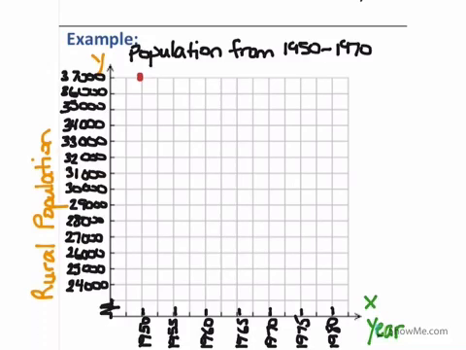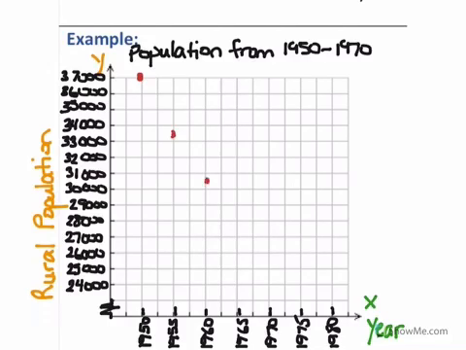So 1955 was 33,500 might be somewhere there. And then 1960 was 30,000. Oh, I'm sorry, I am not along the right line. 1955, there we go, 33,500. 1960 was at 30,500, so maybe right here.